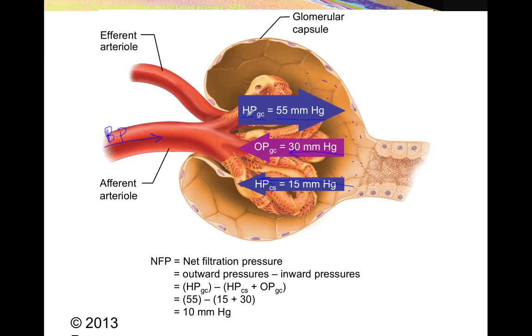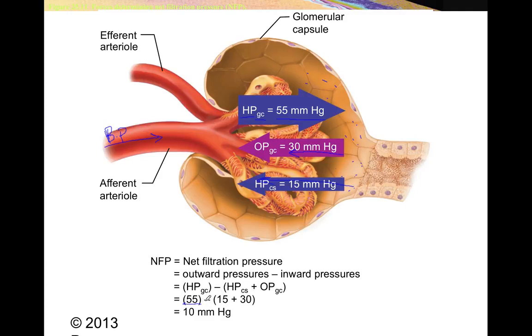So in a sense, you have one main pressure pushing out and smaller pressures pushing fluid back in. We take 55, which is the pressure pushing out, and subtract the addition of the two forces pushing back in.